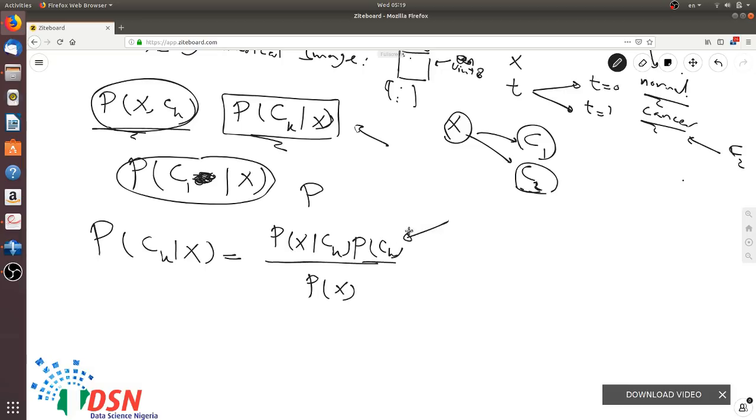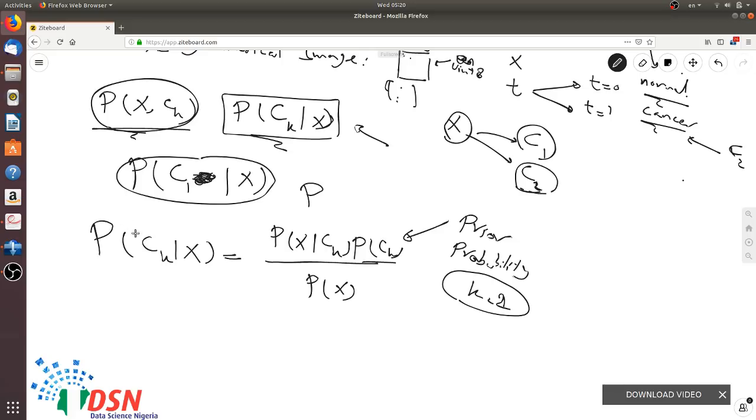P of Ck is the prior probability, which means that before we take the medical image, what is the probability of someone being in the class normal or cancer. For example, for k equal to 2, what is the probability of somebody having cancer in general, without looking at his or her medical image.